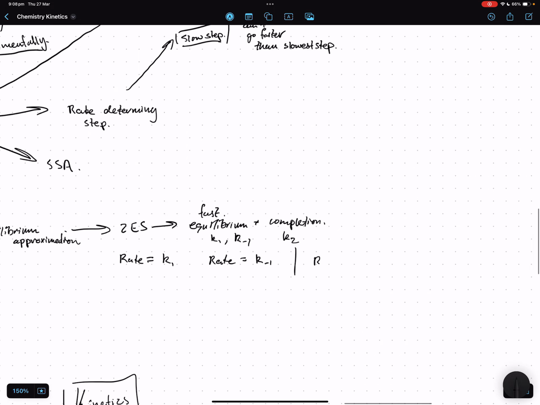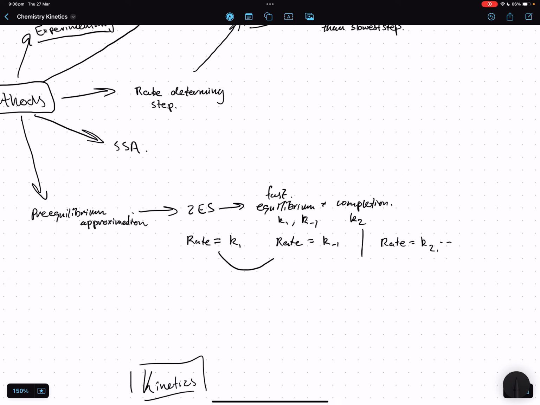And then we have rate equals k2, and then it's something, it doesn't really matter. The point is, these two are equivalent. So we can have k to the -1 equals k to the 1, because the rates are effectively the same. Oh, and this has to be the slow step.